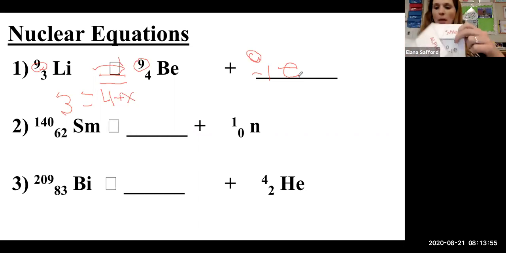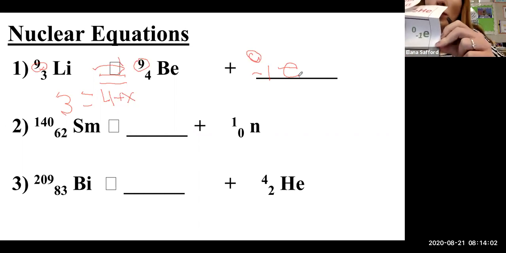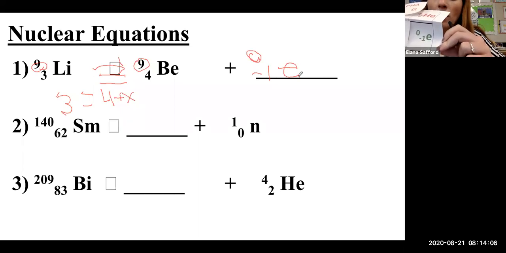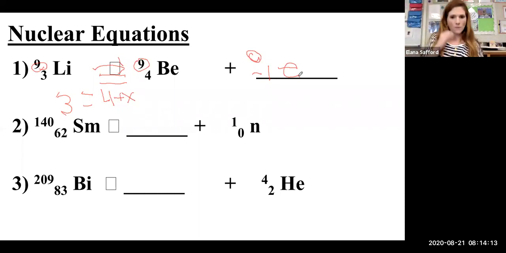So this is our beta radiation. It's a little e. So our number of protons changed by 1. Our mass number did not change at all, and we symbolize that with an e. Okay.